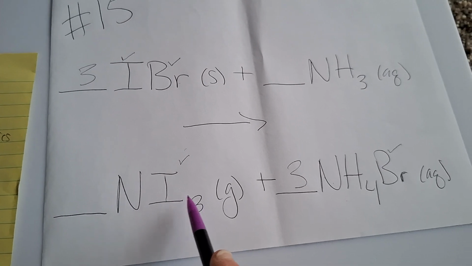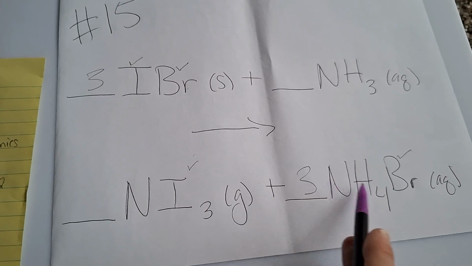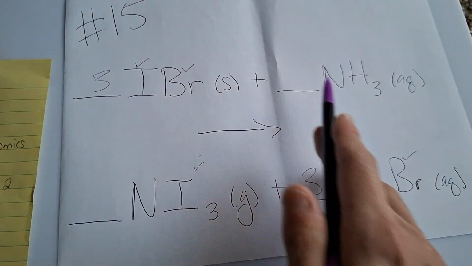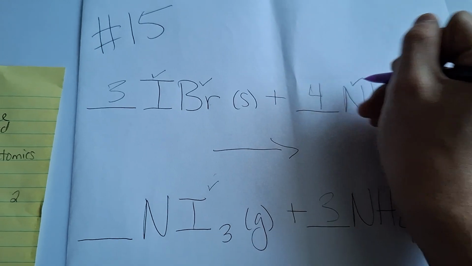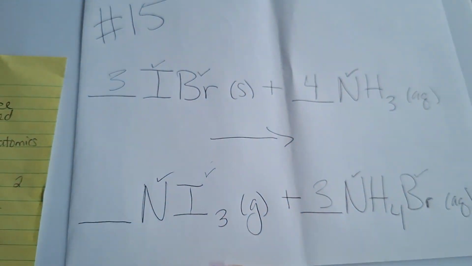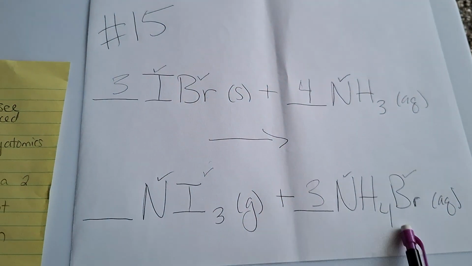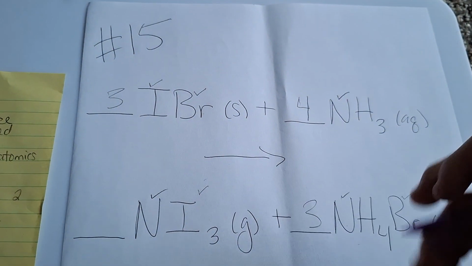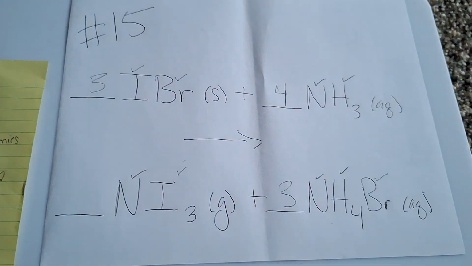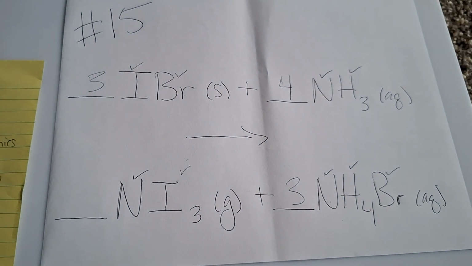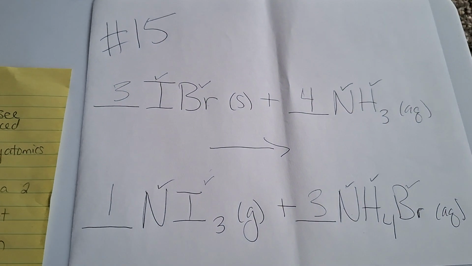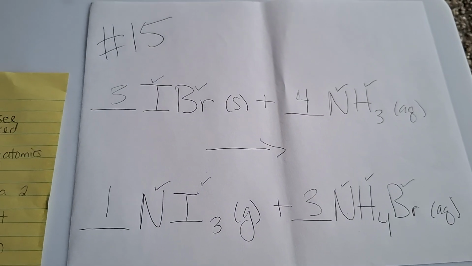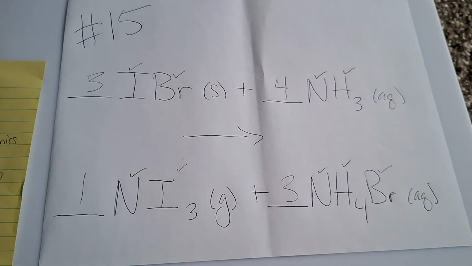So 4 total nitrogens and 12 hydrogen. 3 times 4. So if we have 4 nitrogens, 4, because that'll balance out the nitrogen. Does that balance out the hydrogen? 3 times 4, 12. 4 times 3, 12. Yep, hydrogen's balanced. 1 there. So your ratio is 3 to 4 to 1 to 3.